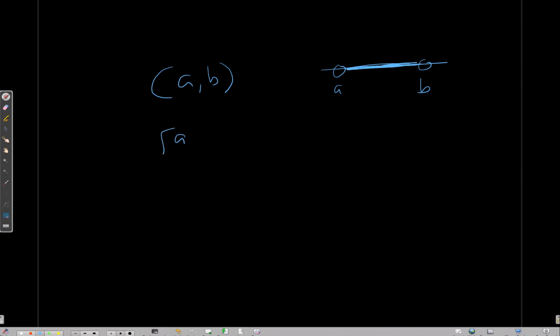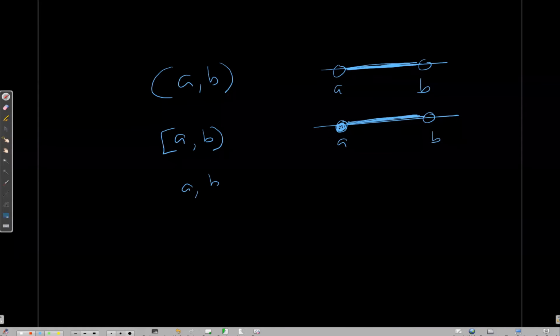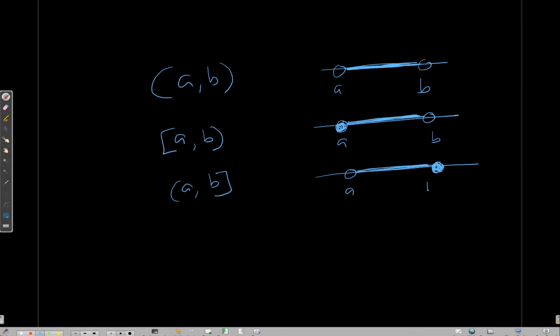If you had [A, B), this means everything in between A and B, but this time we have A, not B. If you had (A, B], everything in between A and B again, but with the right endpoint, not the left. And finally, if you had [A, B], everything in between A and B, including both A and B. So these are 4 different kinds.